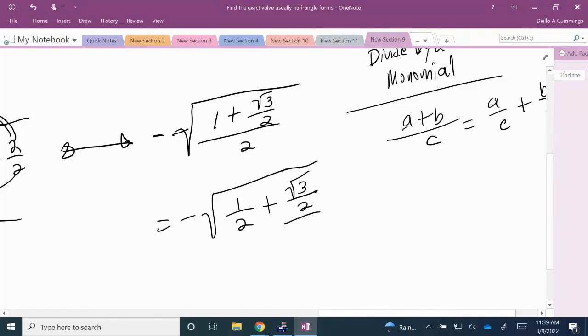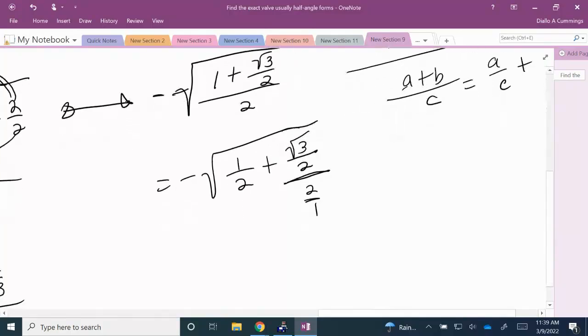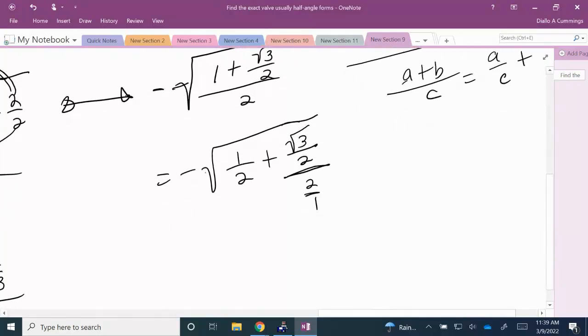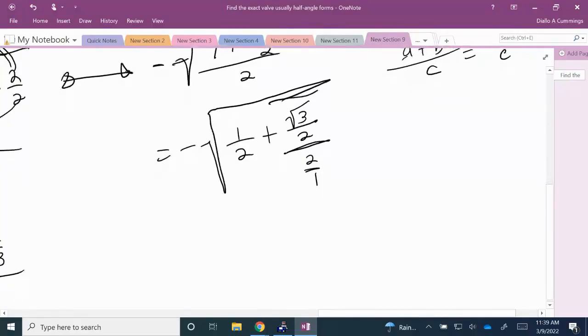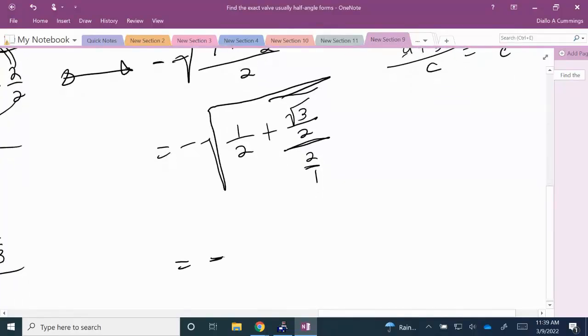divided by 2 all over, and I'm going to write this as 2 over 1. So this is all within the square root. Just to make this look a little bit better, this is a negative times the square root of 1/2.